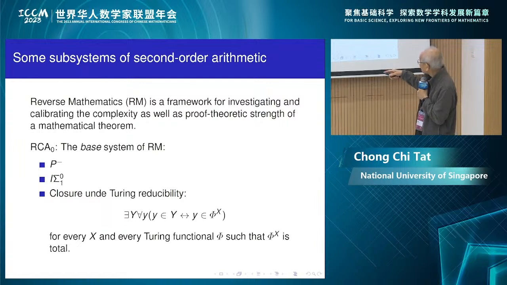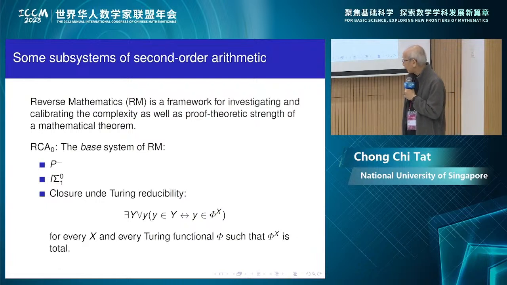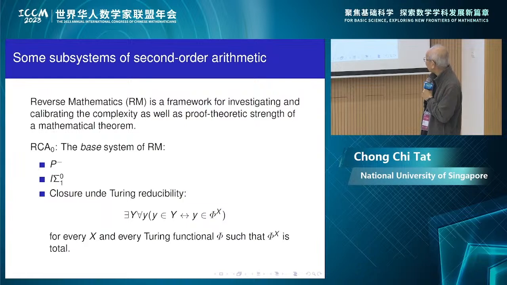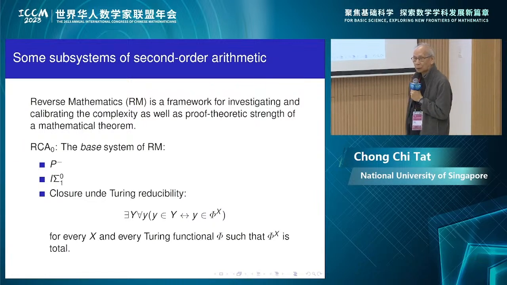And this is phrased in the following way: if X is already a set, and you have a Turing functional with oracle, so it's a Turing machine, but an oracle machine if we look at it from a computer science point of view, and that Turing functional using the set X computes a total functional, then the set being computed, call it Y, is also a set.